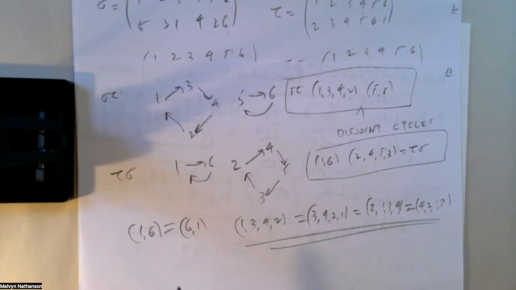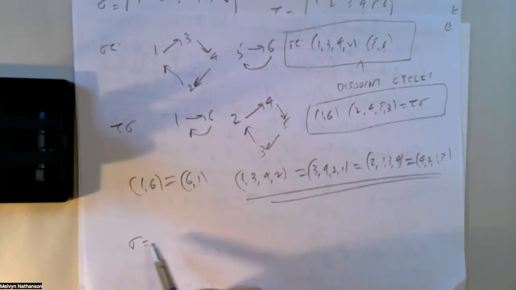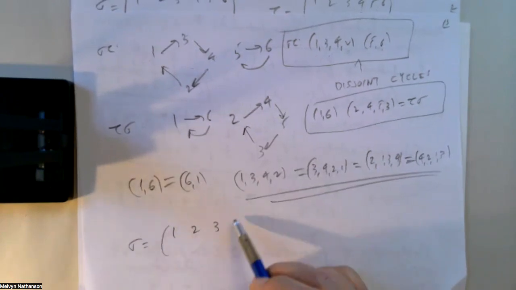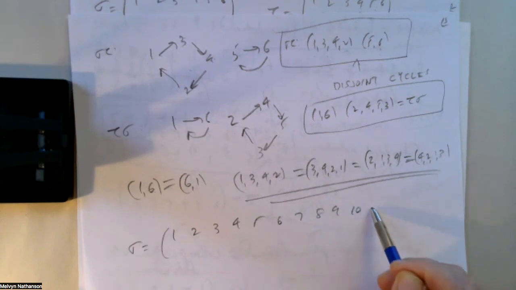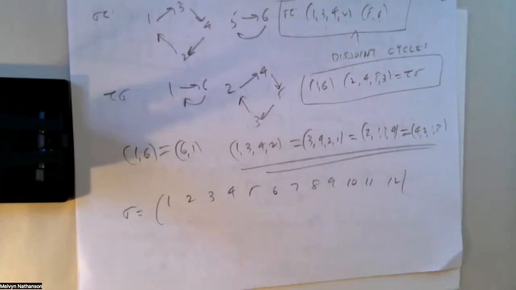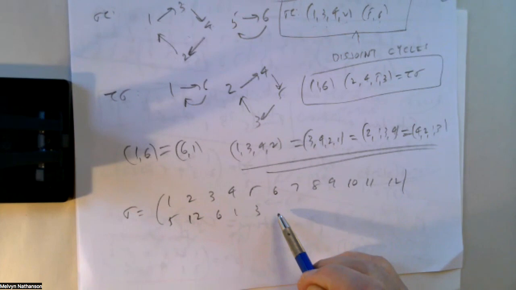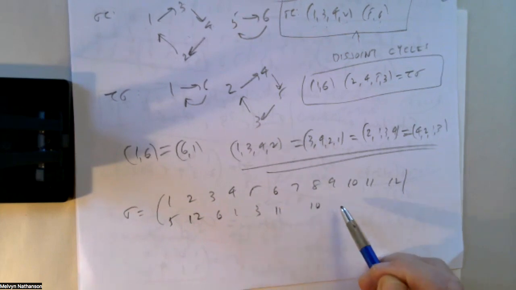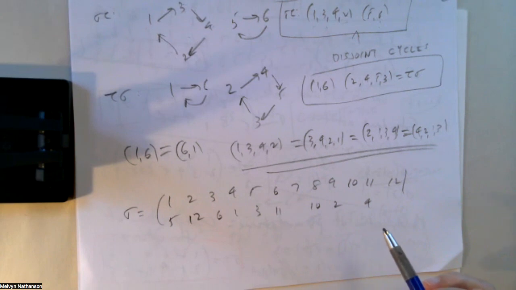So here, as an example for something for you to do right now, suppose I take sigma to be a permutation of the numbers from 1 to 12. And I'll just write these numbers down more or less at random. Let's see, what numbers haven't I used yet?